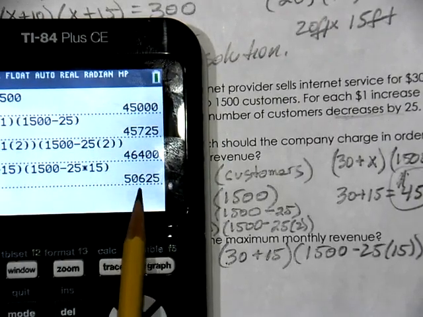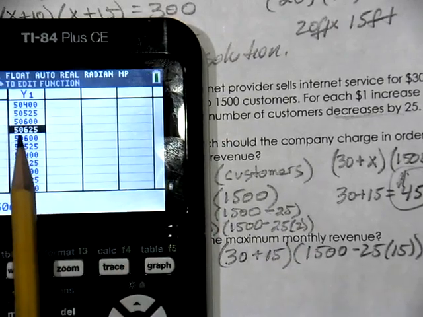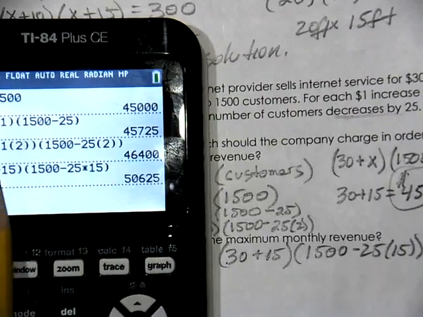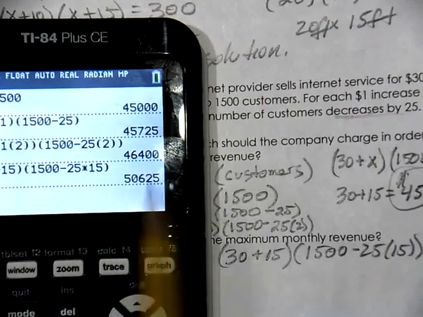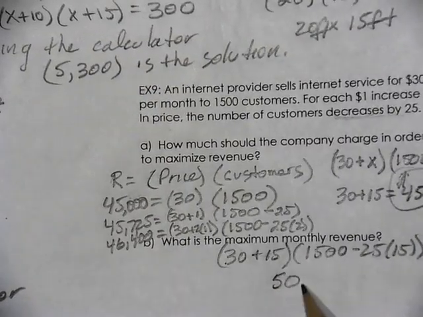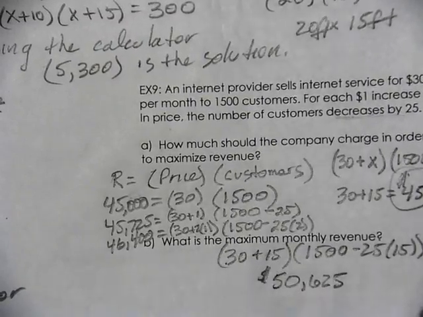Remember, that's what the table told us. The table showed us 50,625. When we plugged in the numbers to our equation, we got the same result. Our maximum revenue was 50,625 per month.